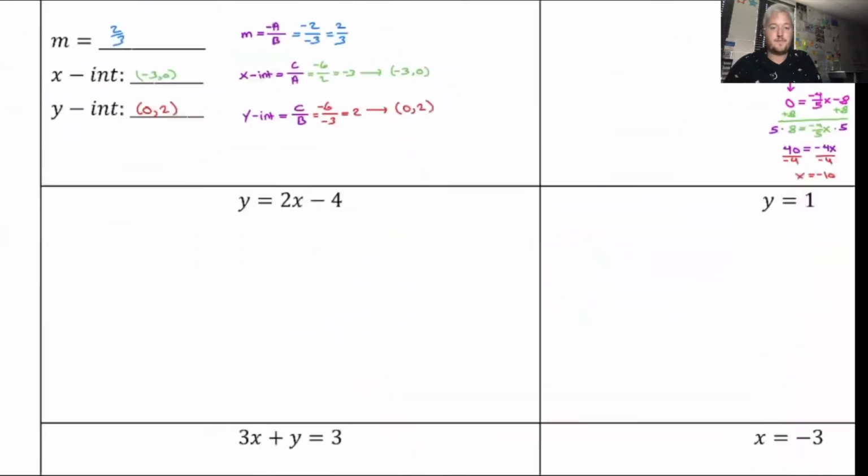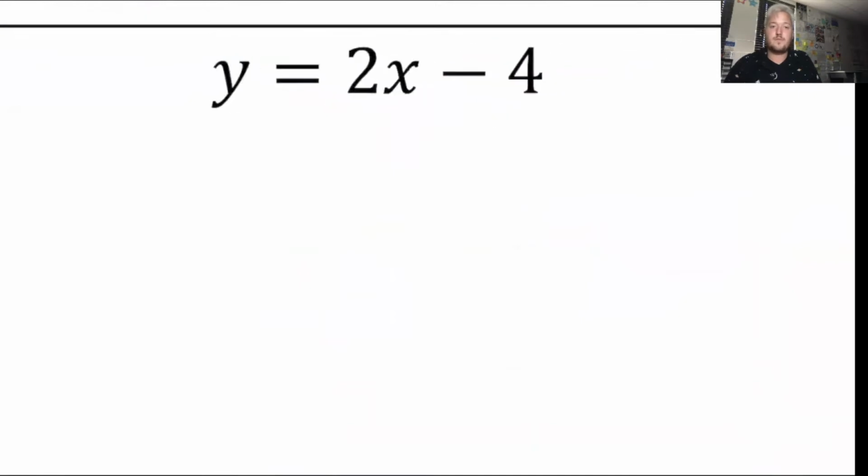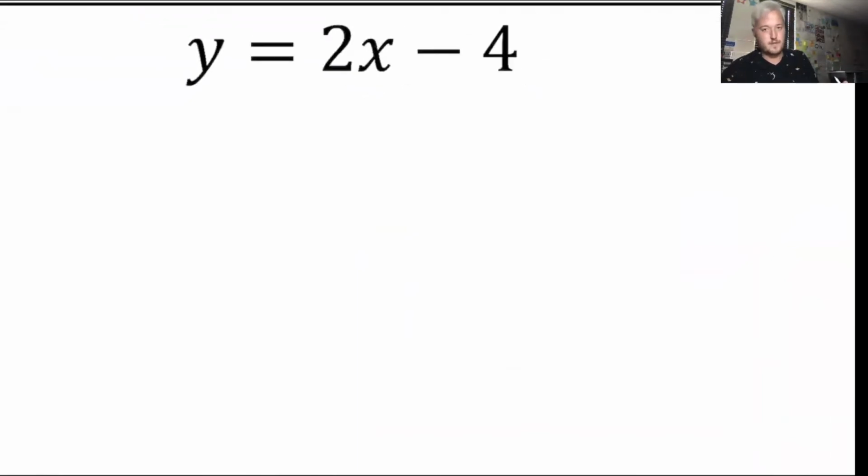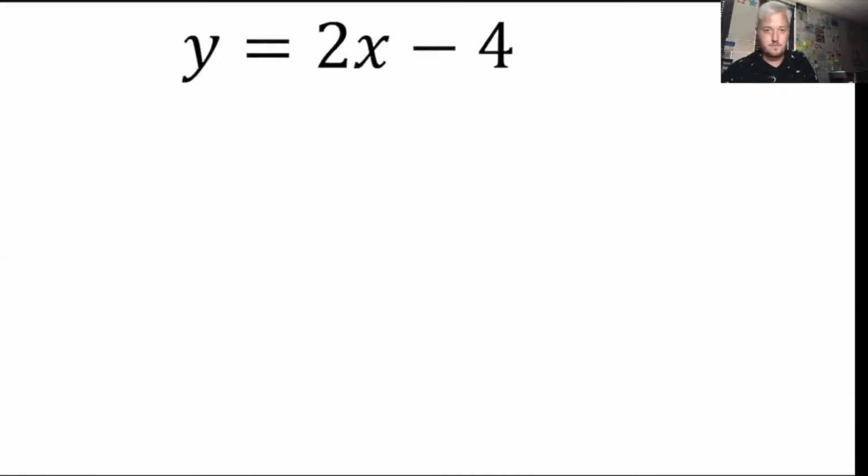All right. So looking at this next one here. If you see, we have a slope-intercept form equation. So what that automatically means is I cannot do the standard form trick, because remember, it has to be in standard form. But in this case, it's about as quick just because of the way it's written.